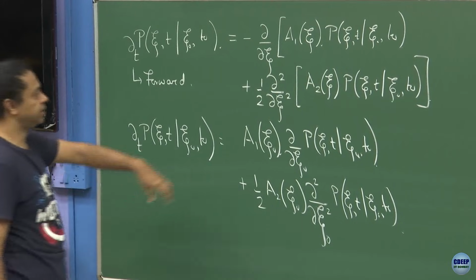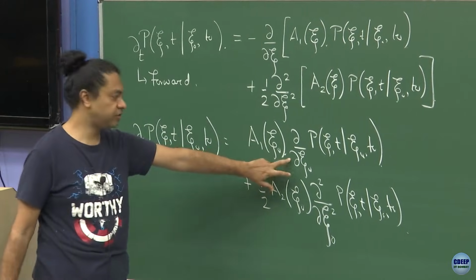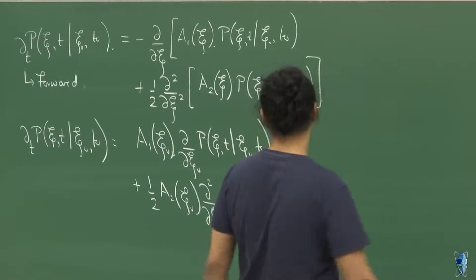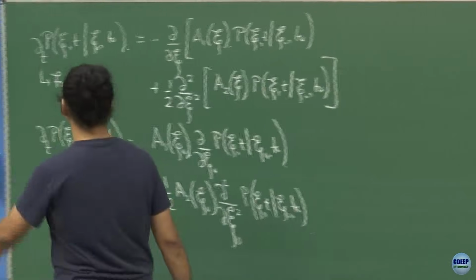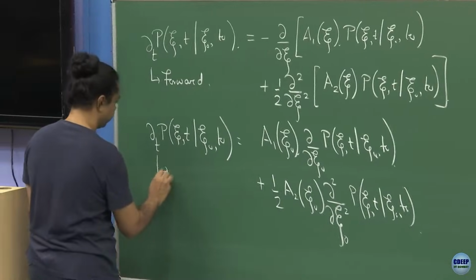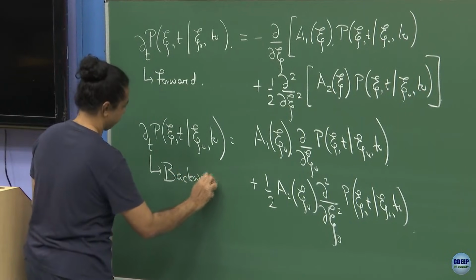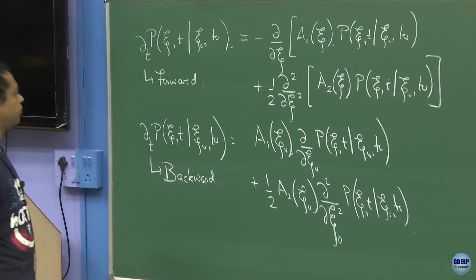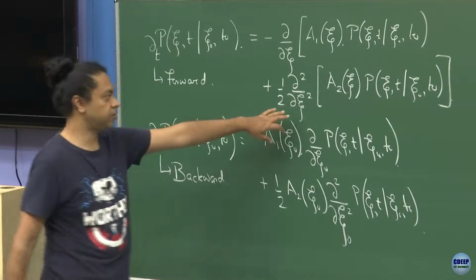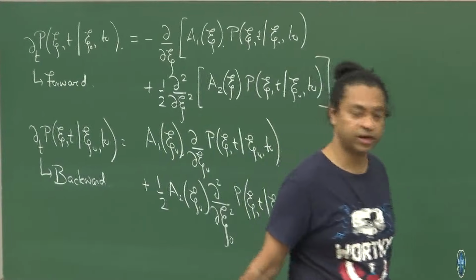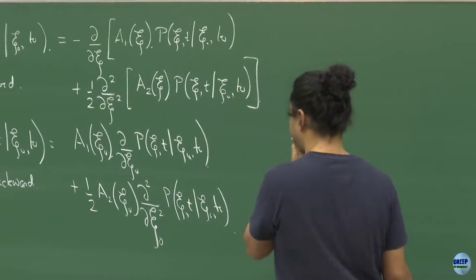The difference being that here the derivatives are with respect to the initial state, because you're considering the first step out of where you started from, and so in the backward, whereas in the forward your derivatives are with respect to the final state. So you're looking at just a step before you reach that final step and expanding about that.